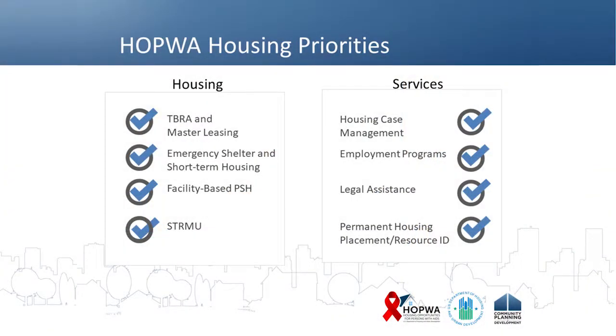Okay, so here is a sample of our priorities. Under housing, we have these primary categories. Under HOPWA, we've checked them all. We have both TBRA and master leasing as important elements. We have two kinds of short-term housing here, emergency shelter, and also facility-based permanent supportive housing.